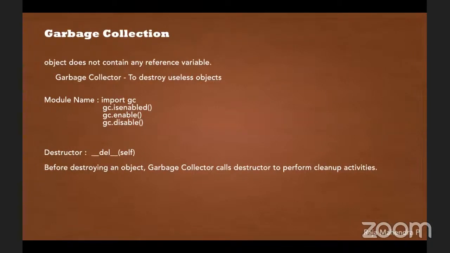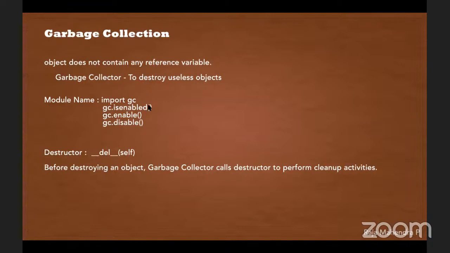If an object is not used for more than a given time, no longer to be used in your application, then there is a garbage collector in the Python virtual machine, which will be invoked by default to destroy the useless objects. To work with garbage collection, we have to use an inbuilt Python module called GC. We have to import gc.